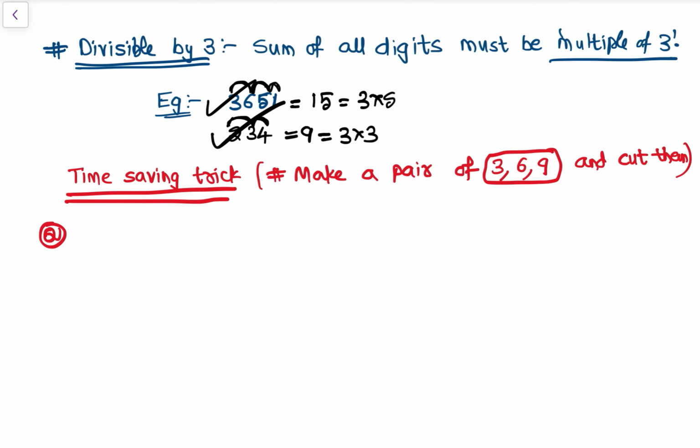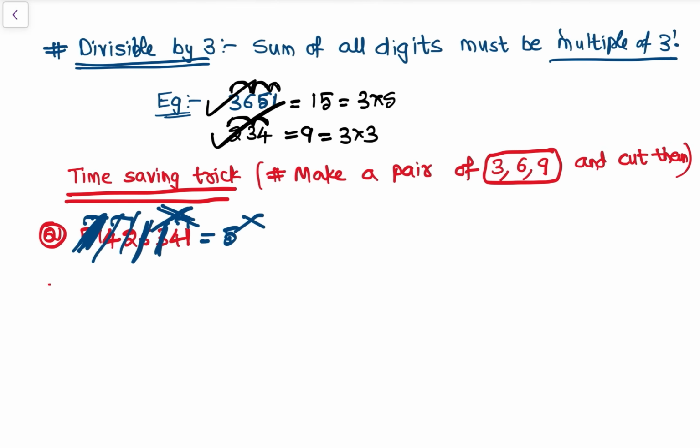See whether this number 5, 1, 4, 2, 6, 3, 4, 1 is divisible by 3 or not. What? Make a pair of 3, 6, 9. See, 5 plus 1 is 6. So 6 के pair में करो, cut करो. Then 4 plus 2 is 6. कट करो, 6 अपने आप में कट करो, 3 अपने आप में कट करो, देन 4 plus 1 is 5. So we are left with 5. क्या 5 multiple of 3 है? नहीं है. So this entire number is not divisible by 3.